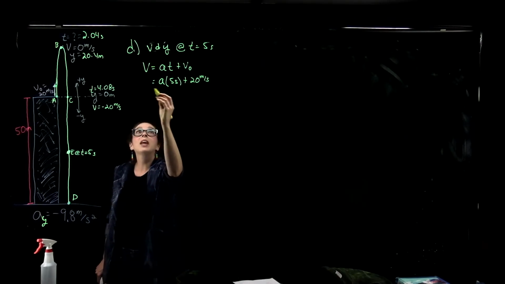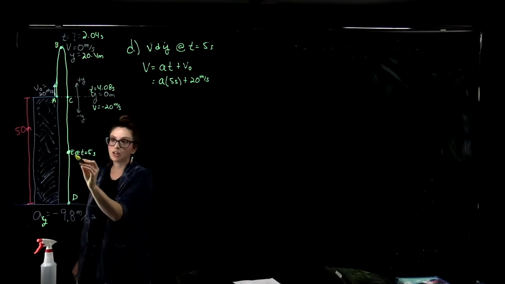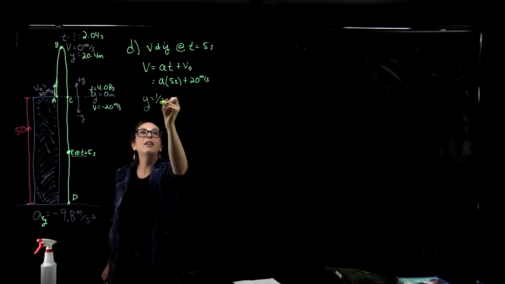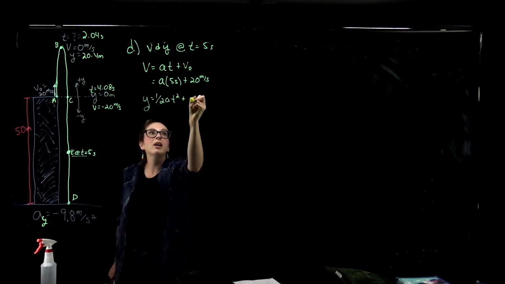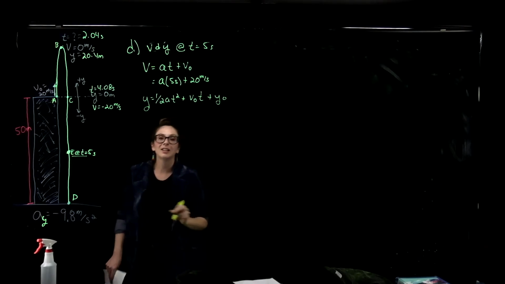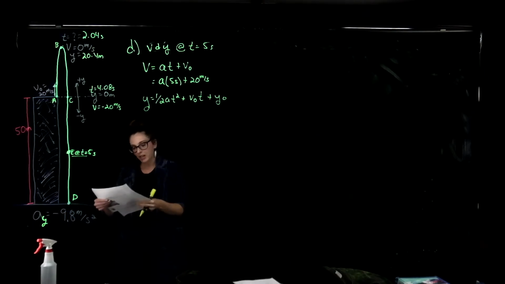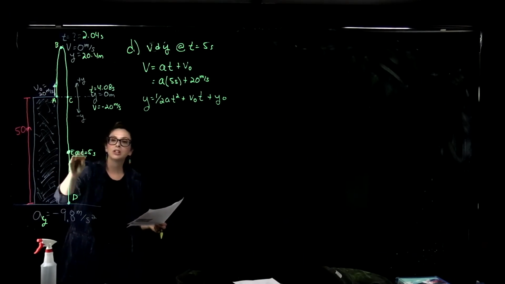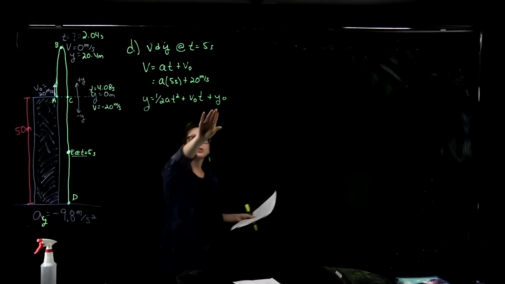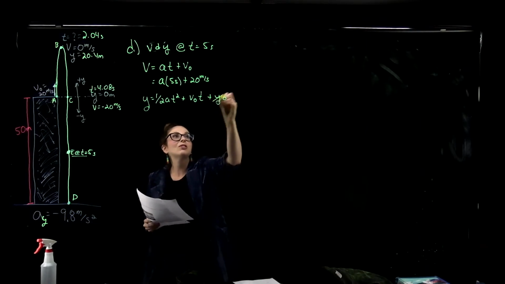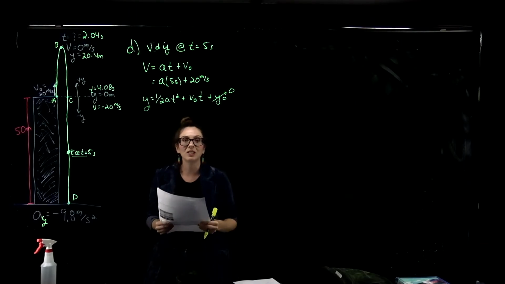And then in order to find the y position right here, you would start with y is equal to 1/2 a t squared plus v naught t plus y naught, okay? And you would start with your initial position again here at point A. Your final position would be here at point E, so y0 would be 0 because we're starting there, which we've defined as y is equal to 0.